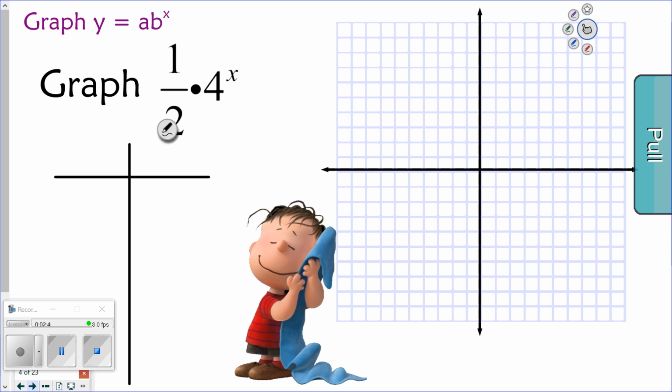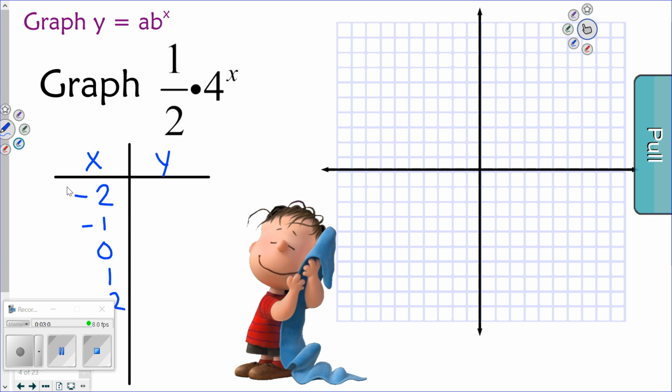Typically, when we plot points, what numbers do we throw into a table? -2, -1, 0, 1, 2. We like to look at both sides, to see in the negatives what it's doing and in the positives what it's doing.